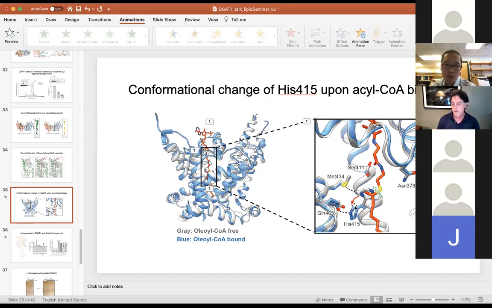Once you have the substrate bound, the histidine rotates to here. That's the only large conformational change we see, and this also confirms that this histidine is definitely doing something during catalysis. But other than that, we don't see anything else significant in terms of conformational change.